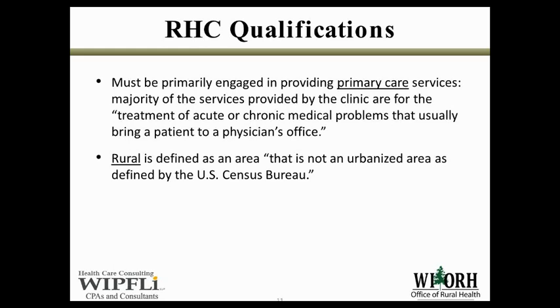It's a very handy tool. There is a reference at the back of the presentation materials for the Rural Assistance Center, but it's a fairly easy application to confirm if any particular area that you're interested in is considered rural according to the U.S. Census Bureau.